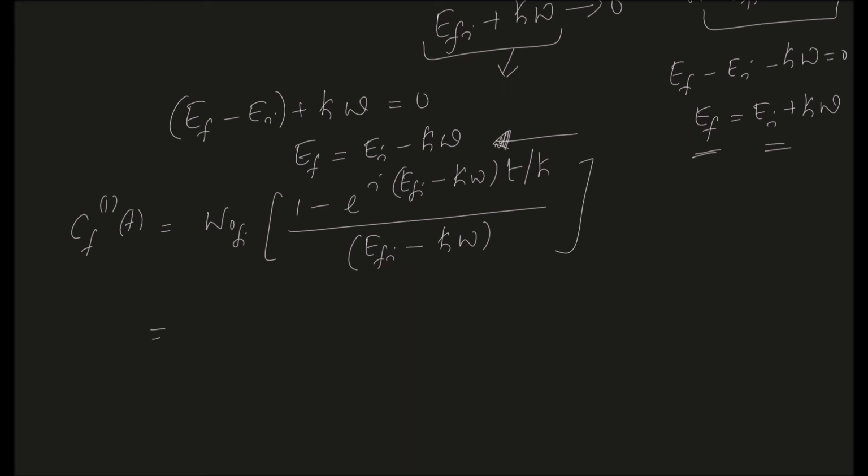This can be simplified like W0_fi by (E_fi minus h cross omega).